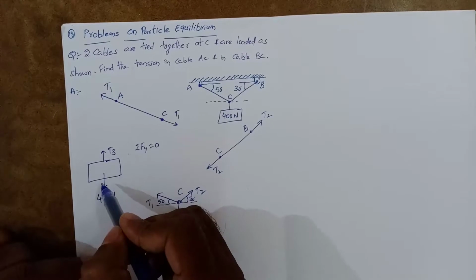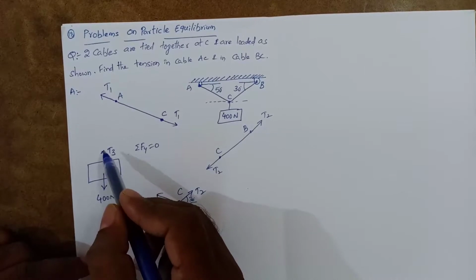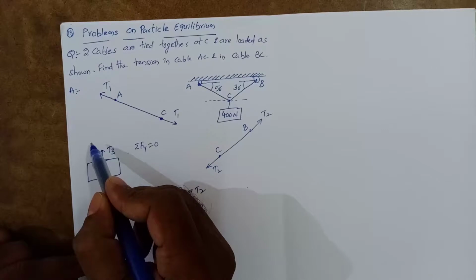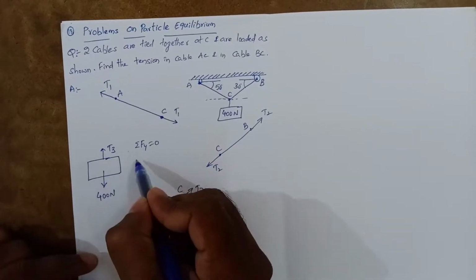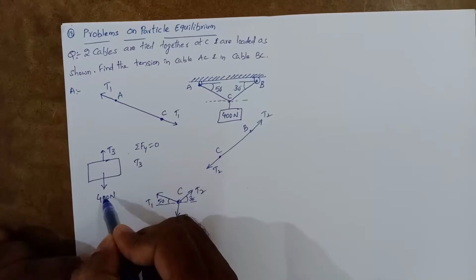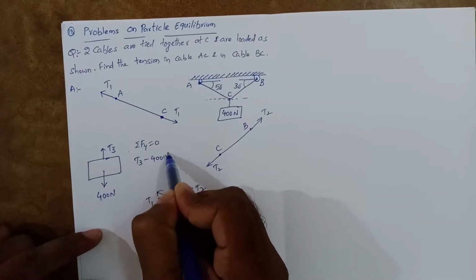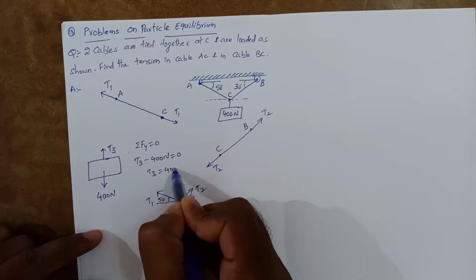The body is not moving in y direction, so net force in y direction must be equal to 0, and there are only forces acting along y direction. Now if we take upward as positive, downward as negative, it will become T3 acting upward, so it is plus T3, and this one is acting downward, it will become minus 400 Newton equal to 0, so T3 is equal to 400 Newton.